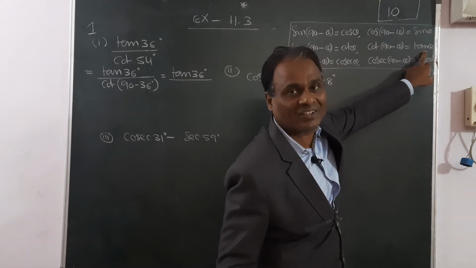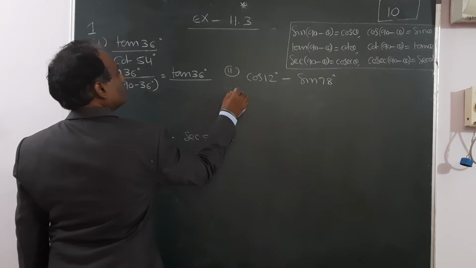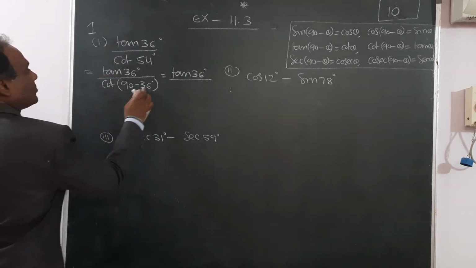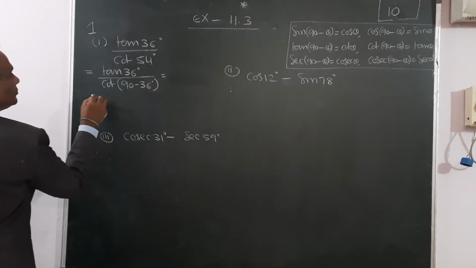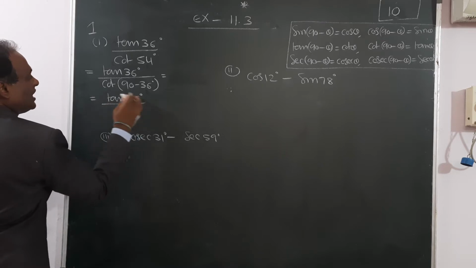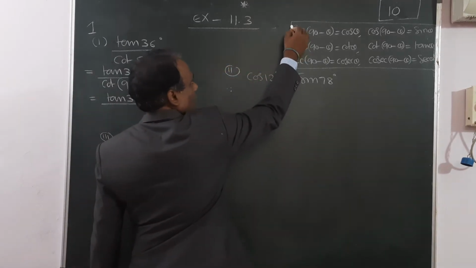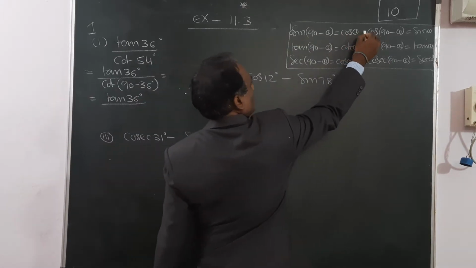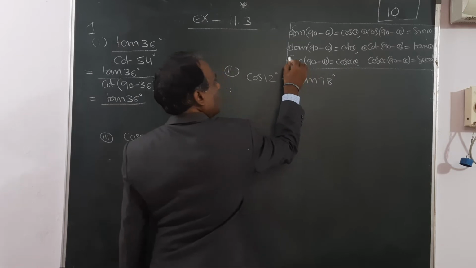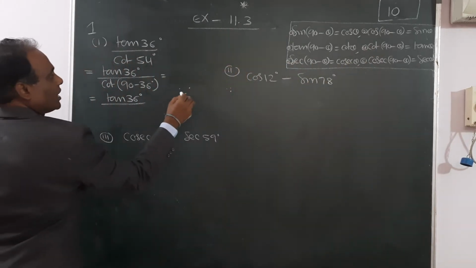That is a formula. Write down that formula here. Cot 90 minus theta is tan theta. Once again I am writing the formula, the same formula. Which formula am I writing? 1, 2, 3, 4, the fourth formula.